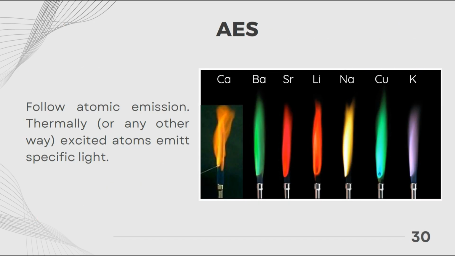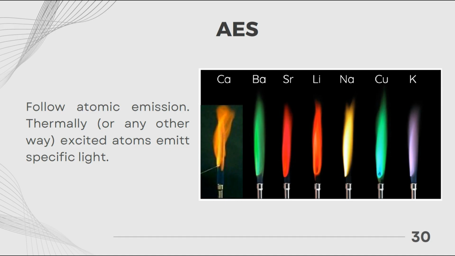Well, and now the last technique we'll be talking about today is atomic emission spectroscopy. It's really very close to atomic absorption spectroscopy, but it works on a different principle. If we followed absorption in AAS, in AES we follow emission, so what the atom emits.